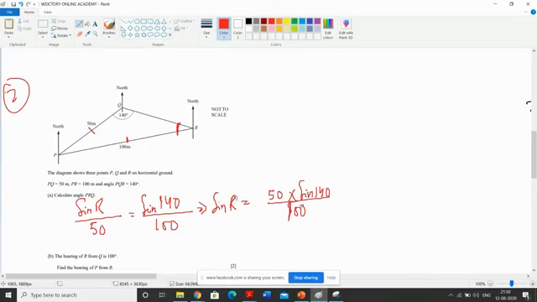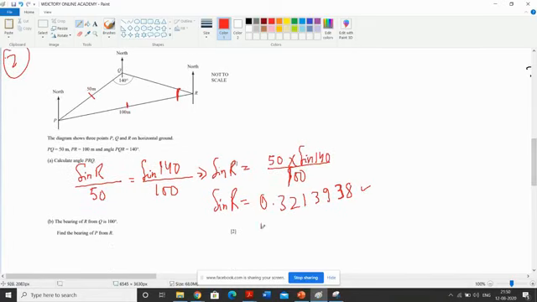So you will get 0.321393. Do not round off here. Write till 5 or 6 decimal places, whatever you want. Always round off the final answer. So R will equal sine inverse of this.